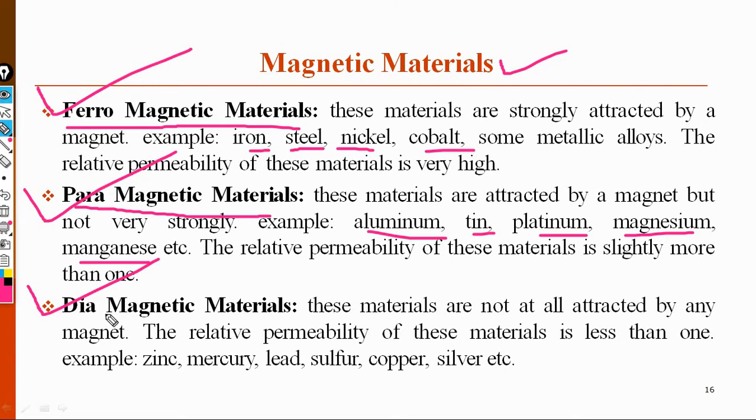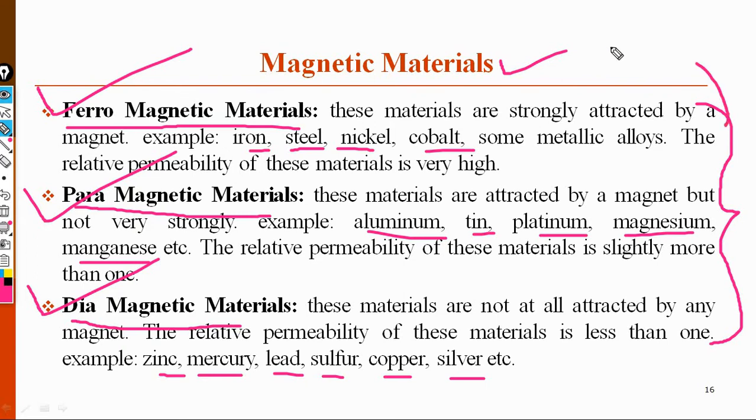Then the last one is diamagnetic material, and examples of diamagnetic material are zinc, mercury, lead, sulfur, copper, and silver. Now this is the important classification of magnetic material.